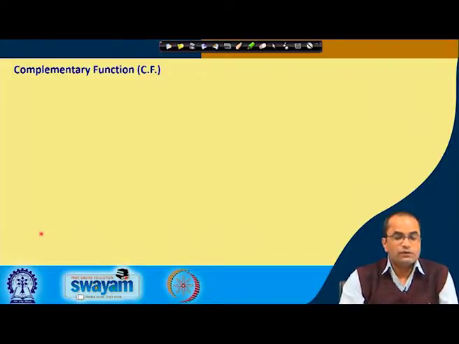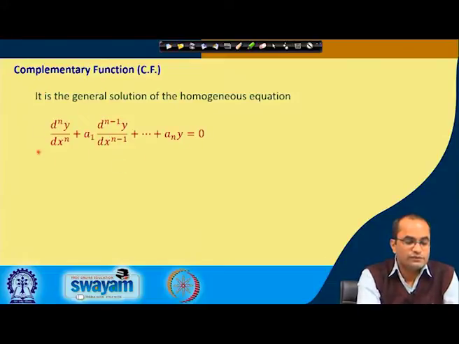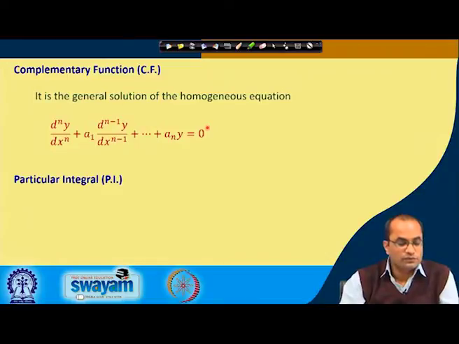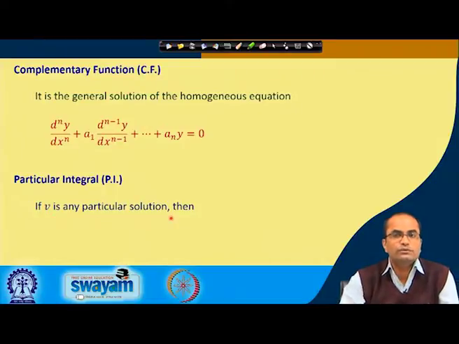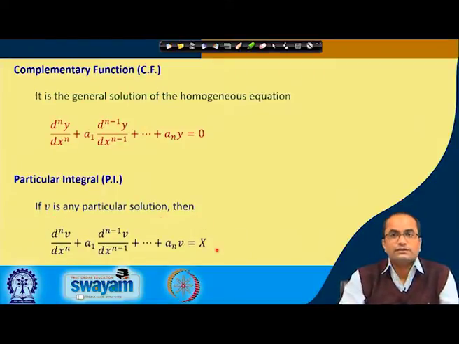Here is the idea of the complementary function and how to get it. As I said, it is the general solution of the homogeneous equation, meaning we set the right-hand side equal to 0. The particular integral is a particular solution of the given differential equation, meaning that if v is any particular solution, then it will satisfy the given equation.